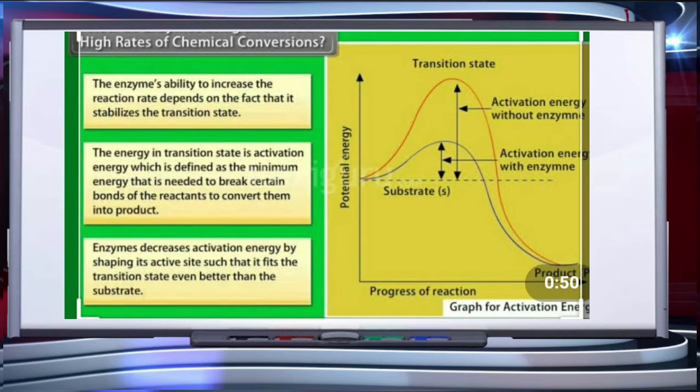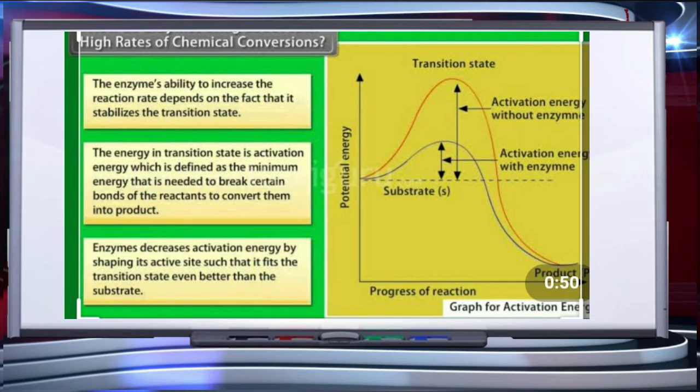Now let's try to understand how enzymes bring about high rates of chemical conversions. In this slide you can see a graph which shows progress of reaction and the potential energy. The enzyme's ability to increase the reaction rate depends on the fact that it stabilizes the transition state.